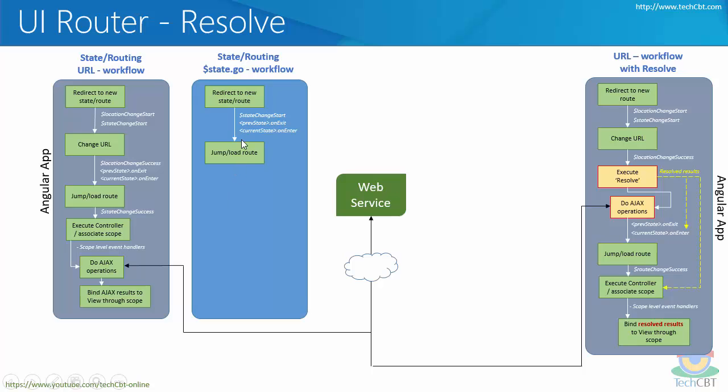But now you can see it actually fires state change start first. It is not firing location change because the changing of URL has not happened yet, or not even at the beginning. So we are trying to switch the state first and not even the URL yet. So that is the reason it actually fires state change start first if you are working with State.go and not using routing URL.